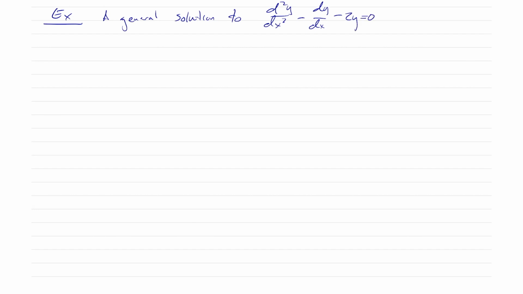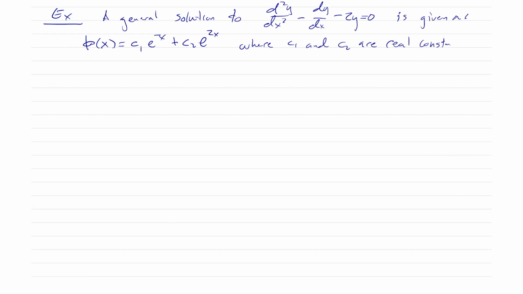So a general solution to this differential equation is given as, say, phi of x is equal to, now it's going to be in terms of some constants, c1 times e to the minus x plus c2 times e to the 2x, where c1 and c2 are real constants. So we can choose c1 and c2 however we want, and this will always be a solution to the differential equation.